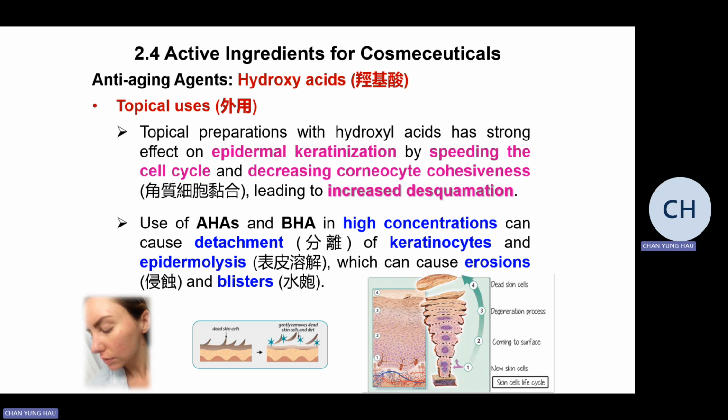That means the dead cells are pulled upward towards the epidermis. That's why the use of AHA and BHA in high concentration can cause the detachment of keratinocytes and epidermolysis, and cause erosion and blisters.